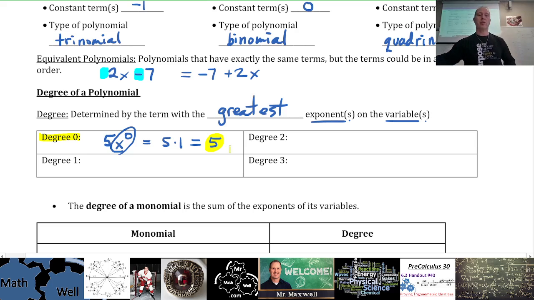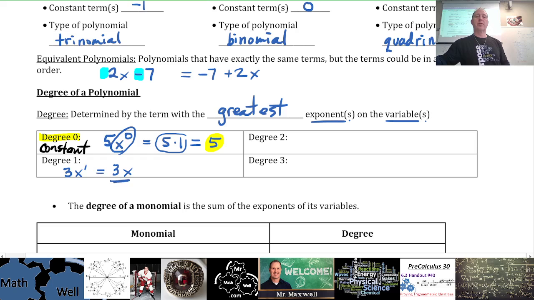Degree 1 would be any polynomial that just has a 1 on its variable as an exponent. And of course, we don't really write the 1, just like we don't write 1 as a multiplier. You would never write 5 as 5 times 1. You just write it as 5. So we would just write this as 3x.